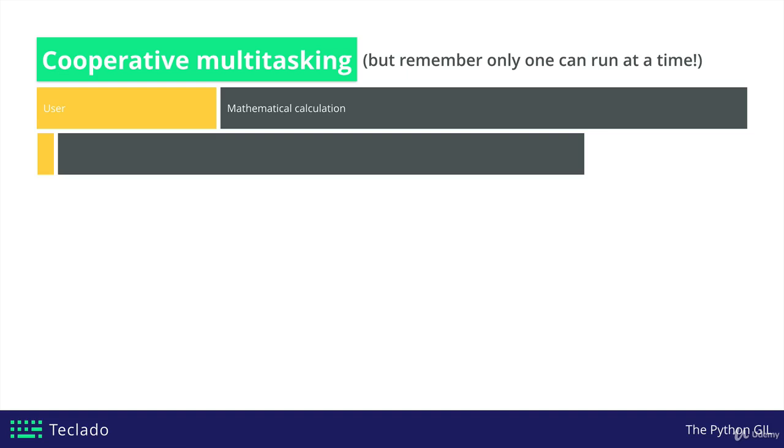Notice that this bottom set of rectangles would take slightly longer than just the addition of the user and the mathematical calculation because of the threads communicating with one another, the GIL being released, the GIL being acquired, being put on the core and then removed from the core. So there would be a little bit of overhead. But overall, it would take less time than the one above.